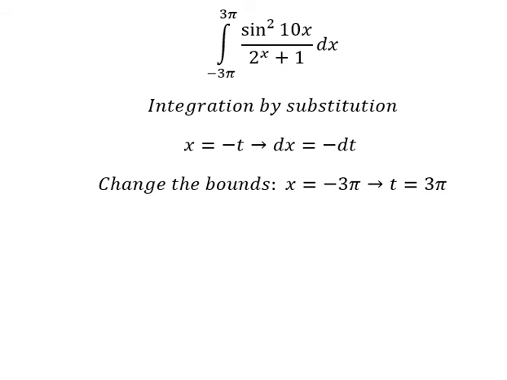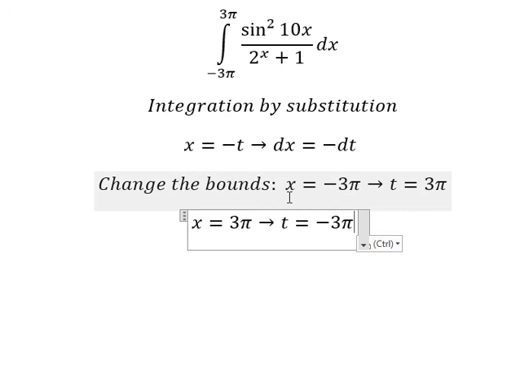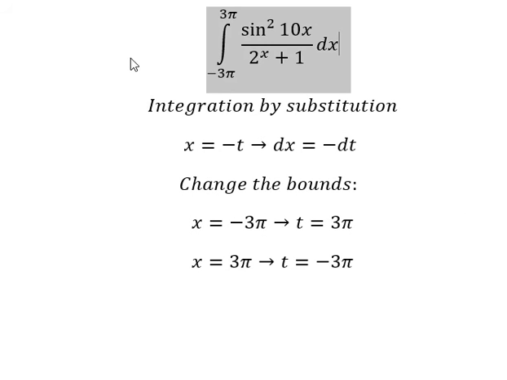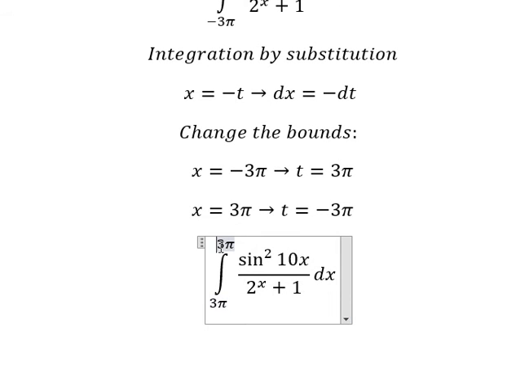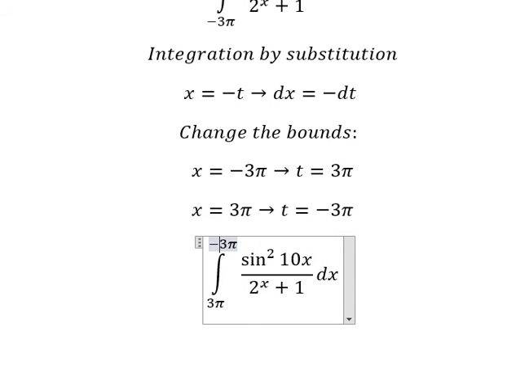So when s equals 3b, we put this one going here and we have t equals negative 3b. So this one we have positive 3b. This one we have negative 3b.